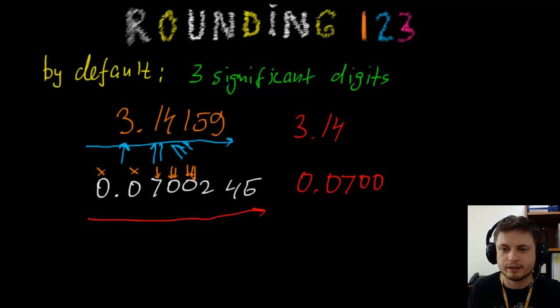Once again, the first zeros are not significant, but zeros after your first digit become significant. So these guys are significant. So we don't just cut them out and write 2-4, but we actually have to consider them as well.